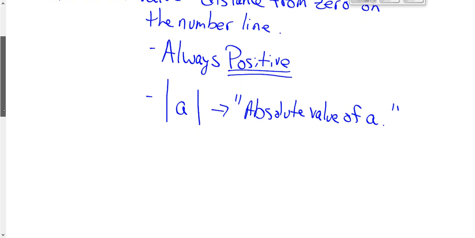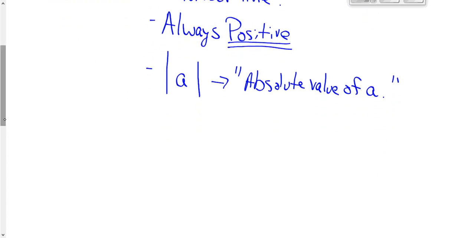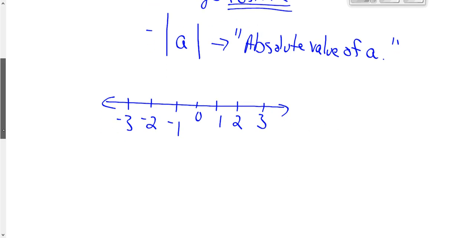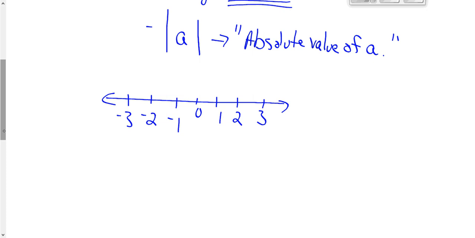So I said it's distance from zero on a number line, so let me just draw a number line real quick. I'll put 0 in the middle there. And I'll go 1, 2, 3, and -3, -2, -1. Okay? So any number you pick on that line, its absolute value is just its magnitude, the distance from 0.